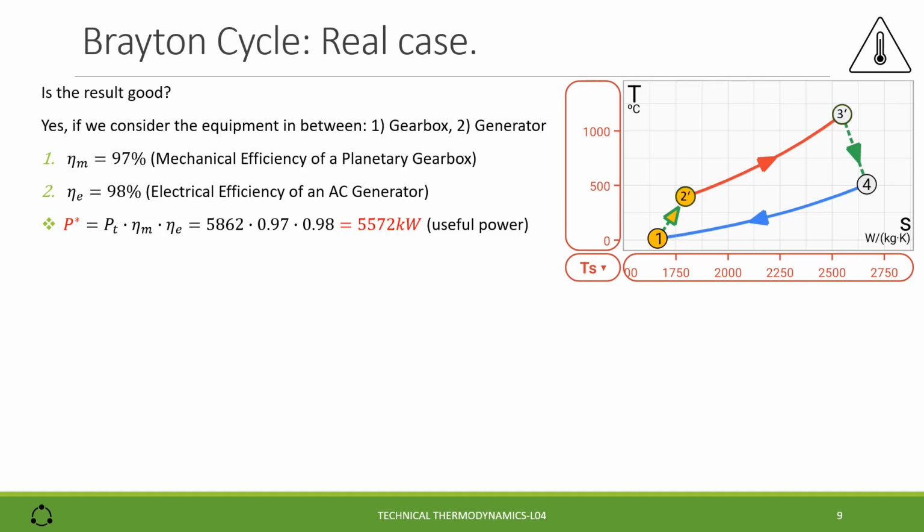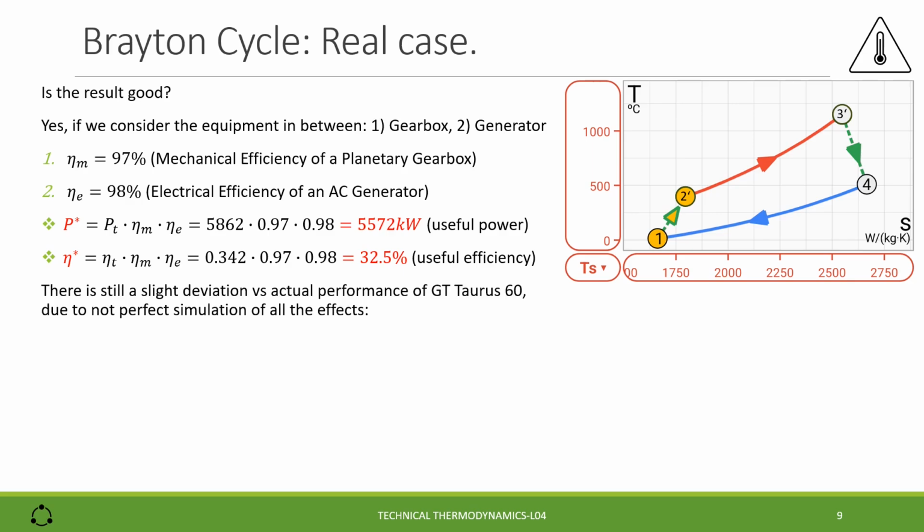Therefore, the useful power P star is the product of the thermodynamic power PT and the efficiencies overmentioned, also 5,572 kilowatt, as well as the useful efficiency eta star is the product of the thermodynamic efficiency and the above mechanical and electrical efficiencies.